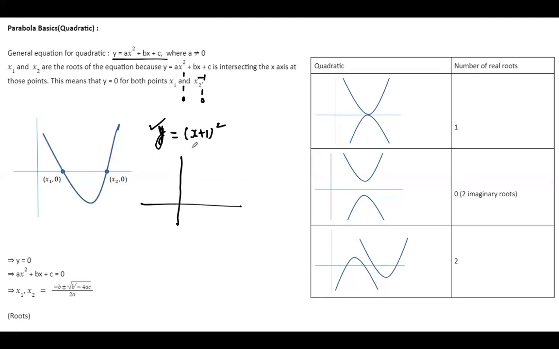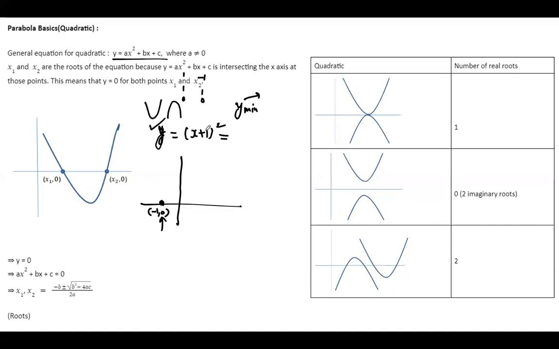Can you choose a point wherein y is 0? Or if I am saying what will be the minimum value of y? At x is equal to -1. So at x is equal to -1, the value of the graph would be 0. And will the graph be like this or like this?